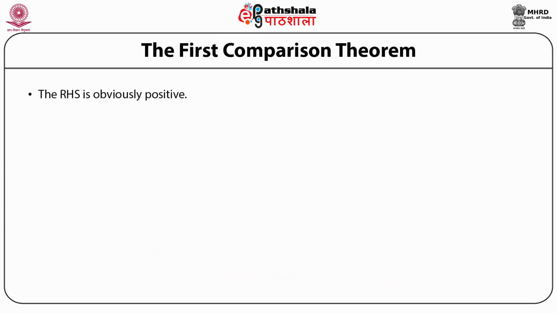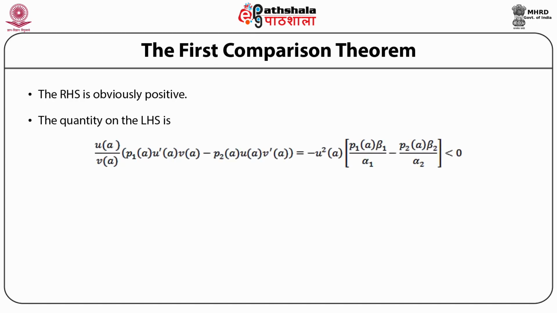The integral on the right hand side is obviously positive. However, the quantity on the left hand side is minus u of a divided by v of a into within the circular brackets p1 of a, u prime of a, v of a minus p2 of a, u of a, v prime of a, circular brackets closed, is equal to minus u square of a into within the brackets p1 of a into beta 1 by alpha 1 minus p2 of a into beta 2 by alpha 2, brackets closed.